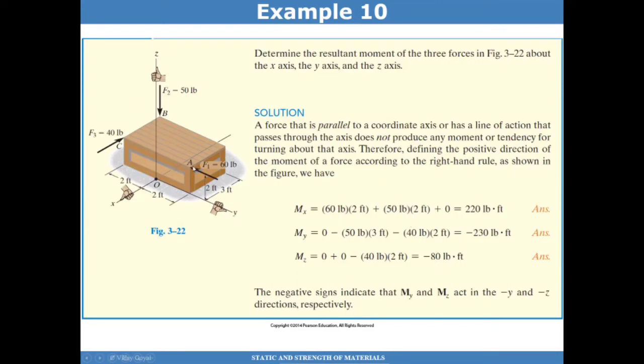The 60 pound load is 2 feet away from the x-axis, and it can produce a moment about the x-axis, and that's going to be 60 pounds times this distance of 2 feet. So in total, we have 220 pound-feet for the total moment caused by these 3 forces about the x-axis.